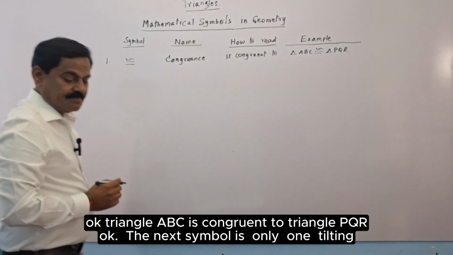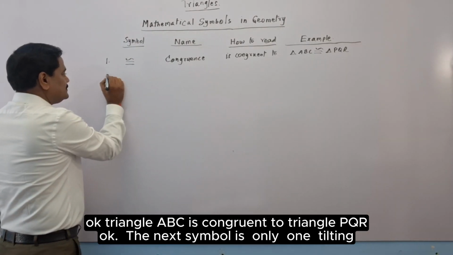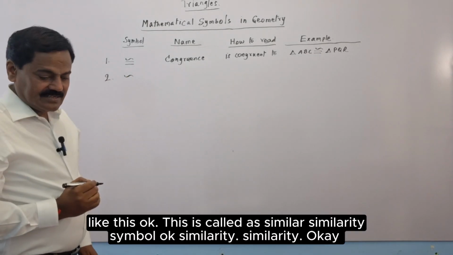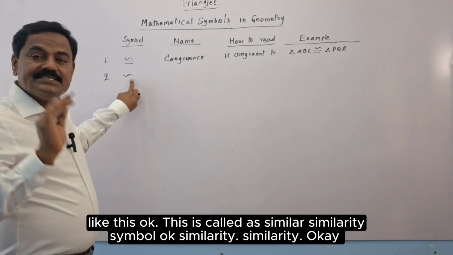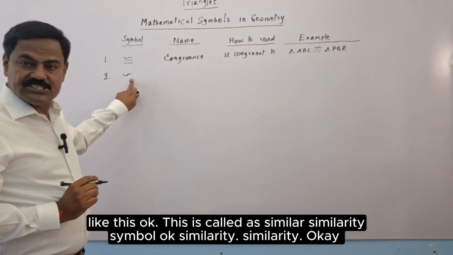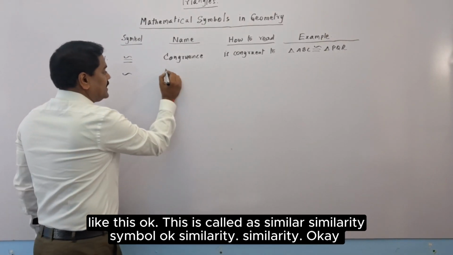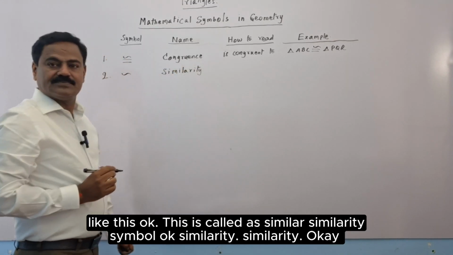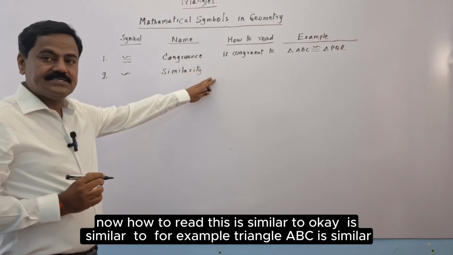The next symbol is only one tilting, like this. This is called the similarity symbol. Now how to read this?